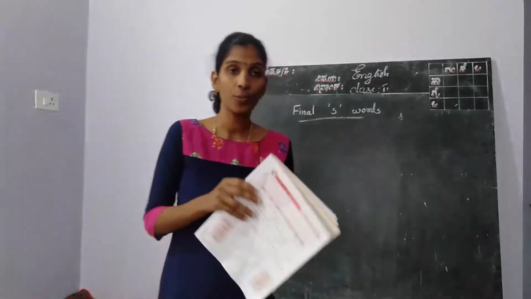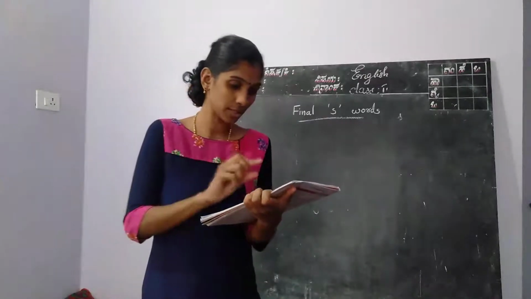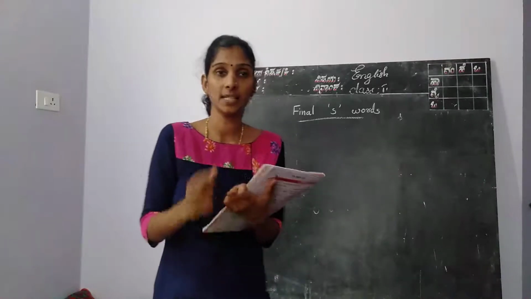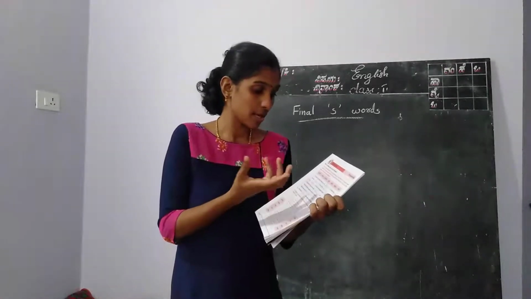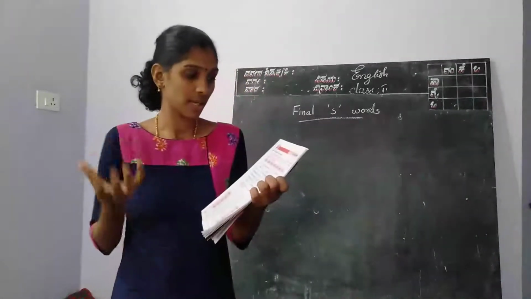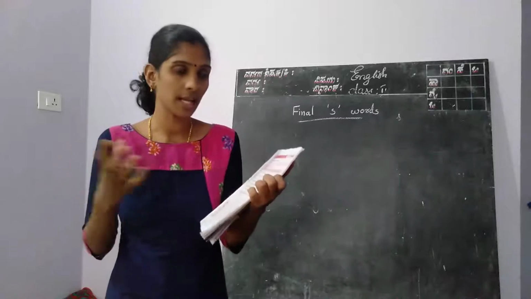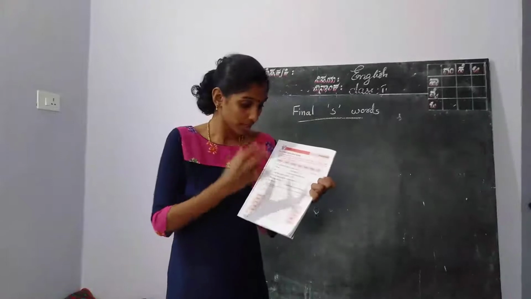There are two blanks for each sentence. In the first blank we have to fill in the correct word from the box: parents, roses, coaches, pears, tears, sleeps, and hills. Those words are given in the box.